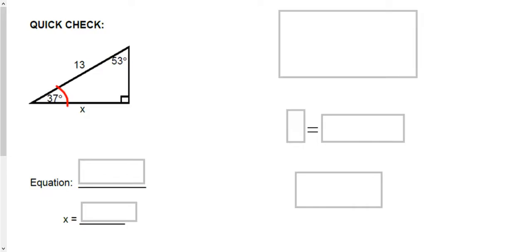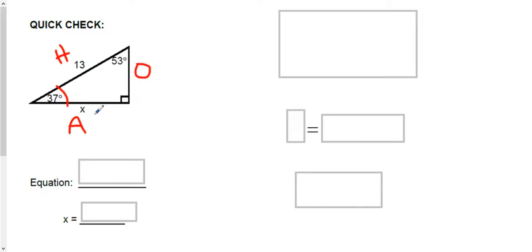With respect to the 37-degree angle, I have my hypotenuse here. The side opposite this angle is over here, so here's our opposite, and here must be the adjacent, A. Now I figure out which two sides I'm going to use in my equation.